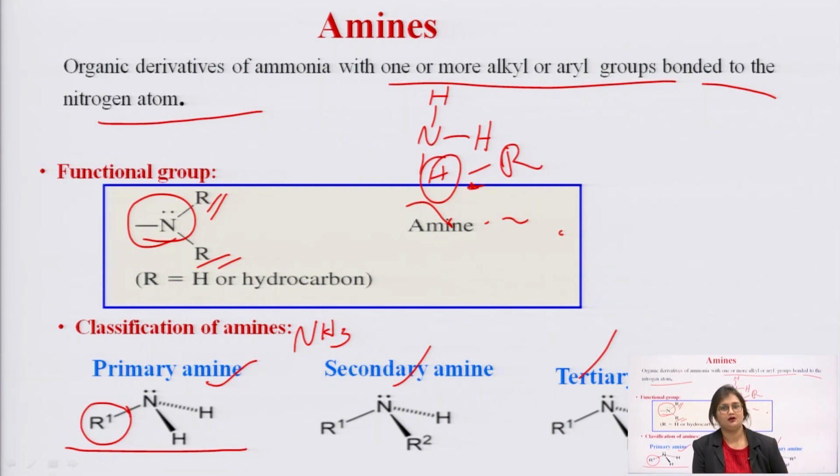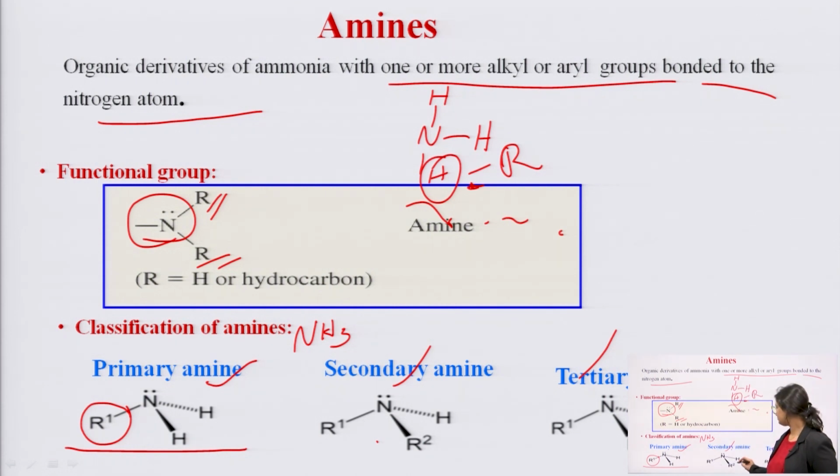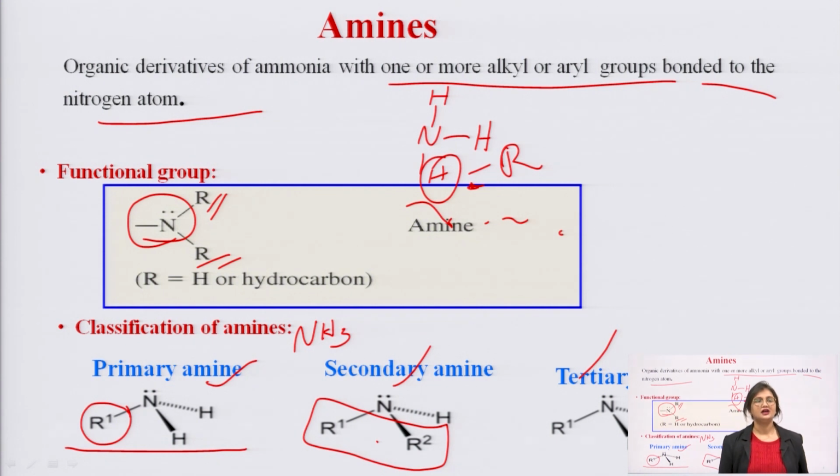When we speak of a secondary amine, instead of one hydrogen, two hydrogen atoms are replaced by alkyl or aryl groups.